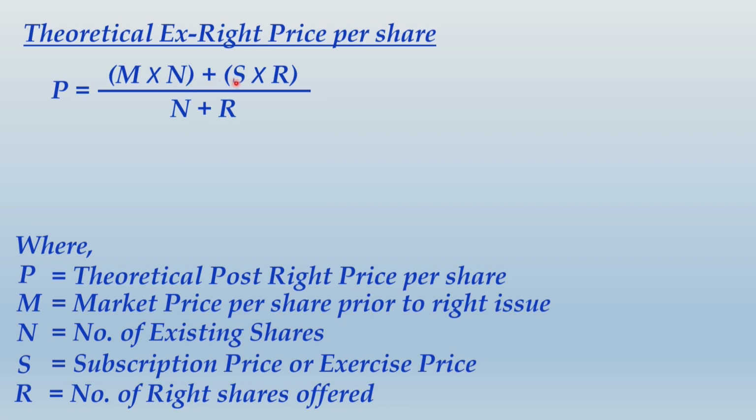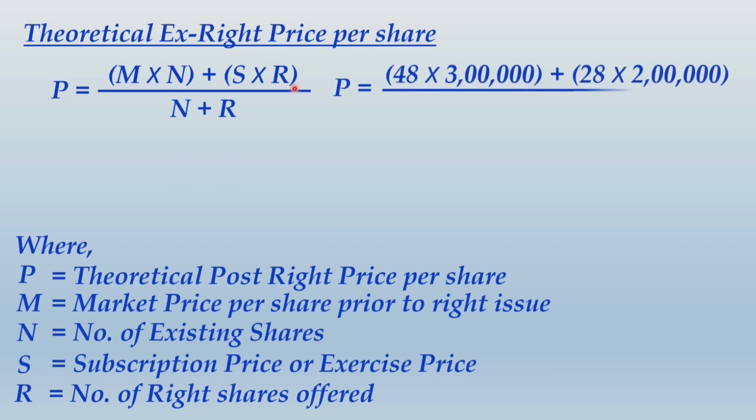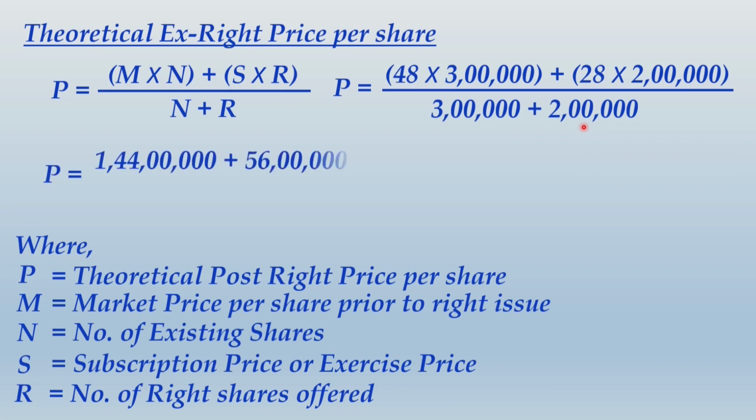S stands for the subscription price or exercise price, and R stands for the number of right shares offered. So when you substitute these values, it will be 48 into 3 lakhs plus 28 into 2 lakhs divided by 3 lakhs plus 2 lakhs. In the numerator, you would get 1 crore 44 lakhs plus 56 lakhs divided by 5 lakh shares, and finally what you get is rupees 40. Friends, write up this whole thing and then I will give you necessary explanation.